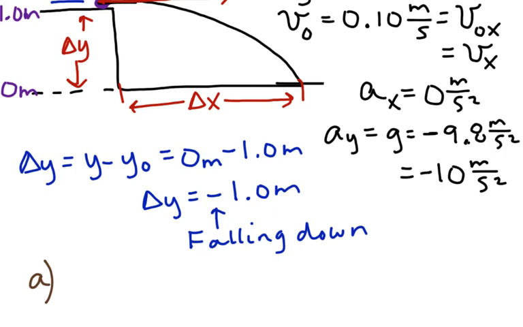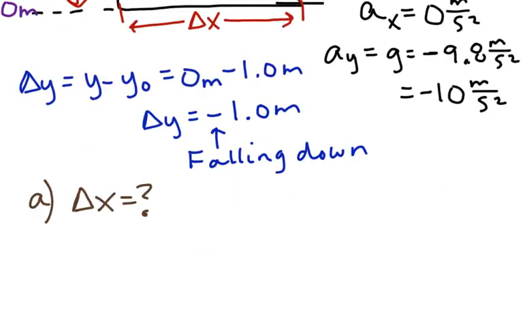So for part A, what we want to find is what is the delta x of this object? How far away from the cliff does this object hit the ground? What is delta x? The formula that we're going to use is v sub x is equal to delta x over delta t.